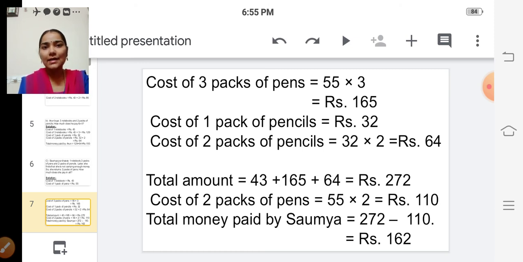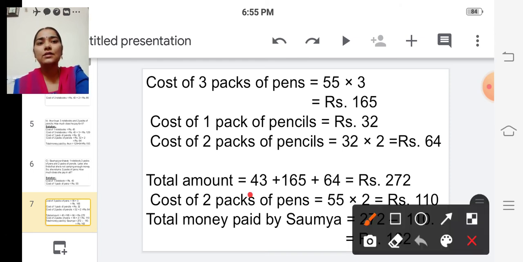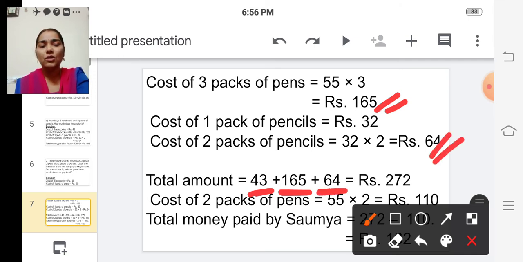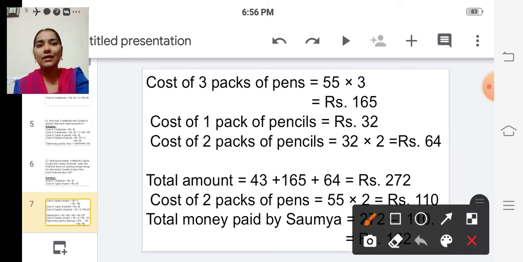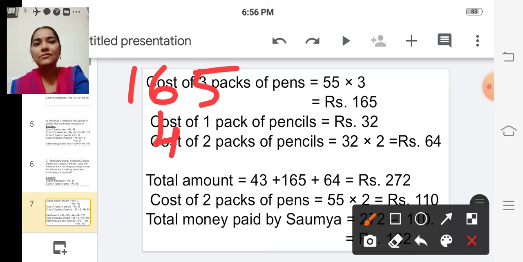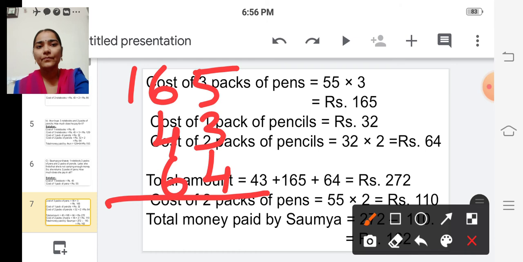So cost of one notebook is rupees 43 and cost of 3 packs of pens is rupees 165 and cost of 2 packs of pencils is rupees 64. So we are going to add these three numbers: 165 plus 43 plus 64.